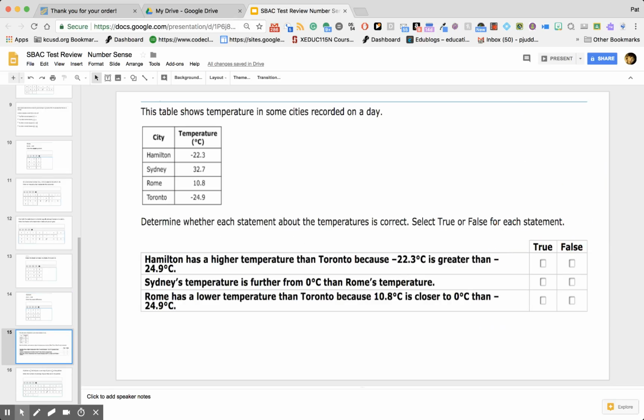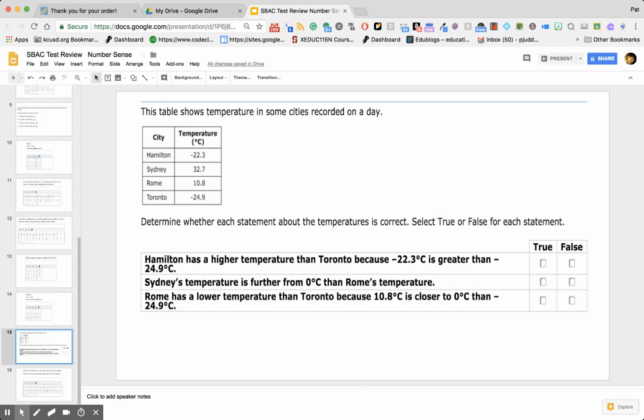This table shows temperature in some cities recorded on a day. Determine whether each statement about the temperature is correct. Select true or false for each statement. Hamilton has a higher temperature than Toronto because minus 22 and 3/10 Celsius is greater than negative 24 and 9/10 Celsius.